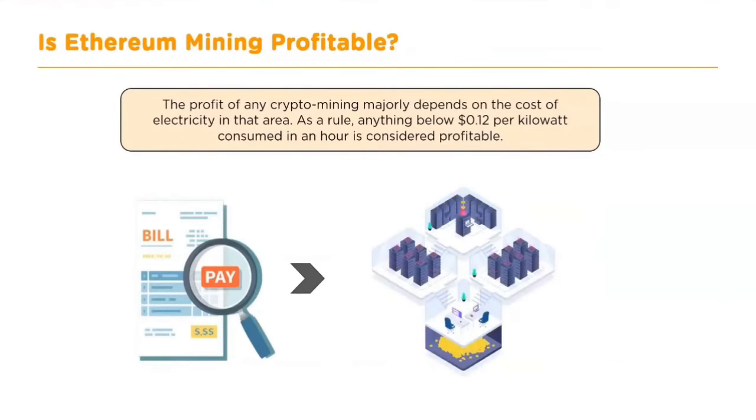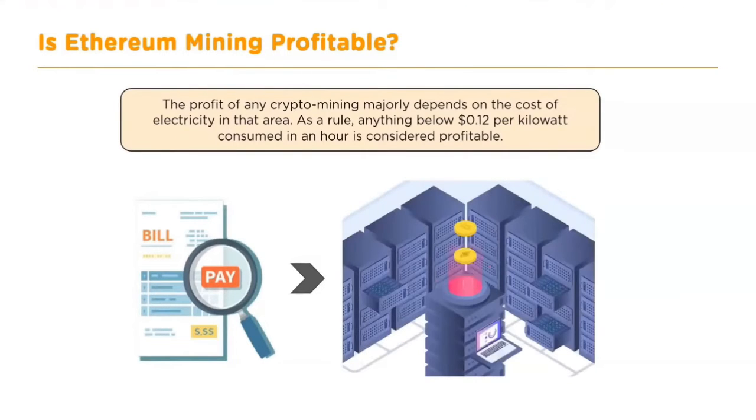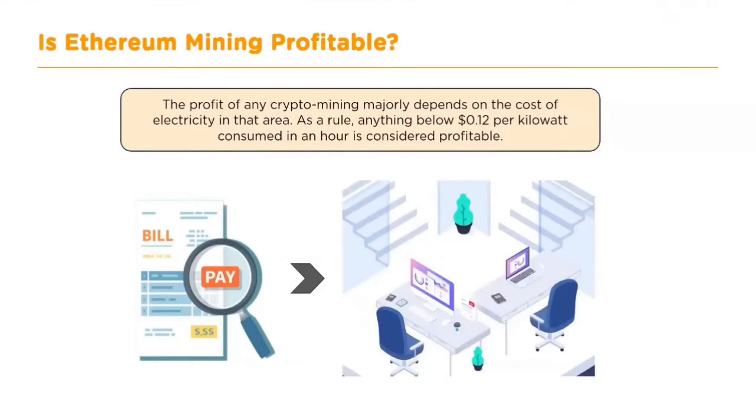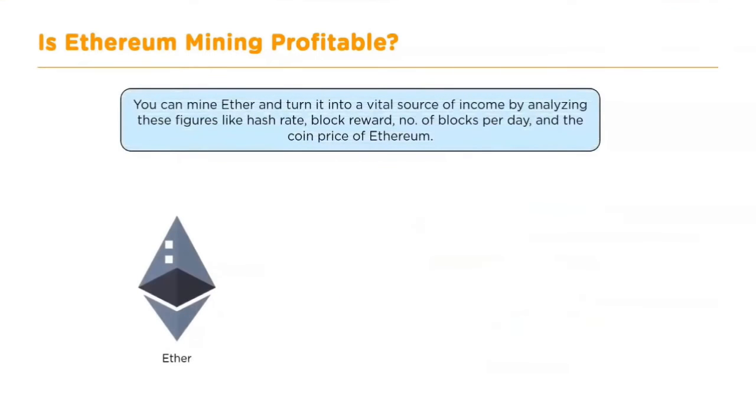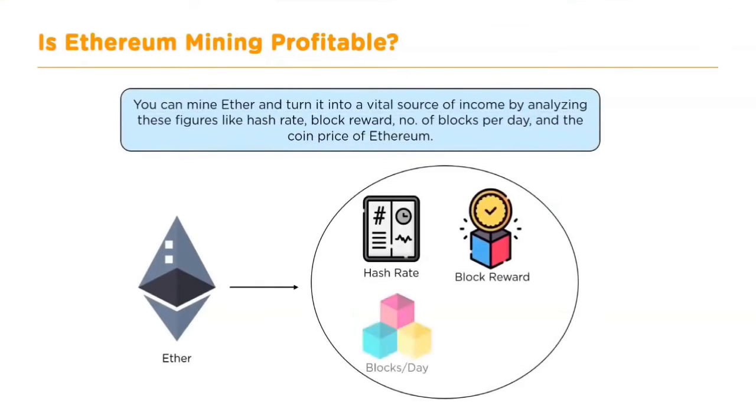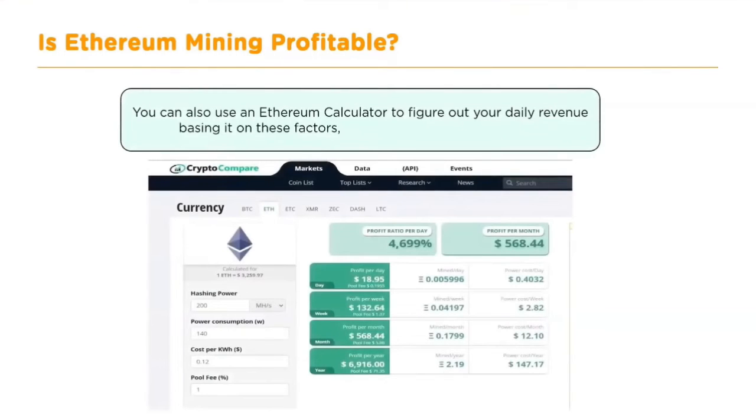You can mine Ether and turn it into a vital source of income by analyzing figures like the hash rate of Ethereum, block reward, number of blocks per day, and the coin price of Ethereum. You can also use an Ethereum calculator to figure out your daily revenue, basing it on these factors. Or you can use this formula too.